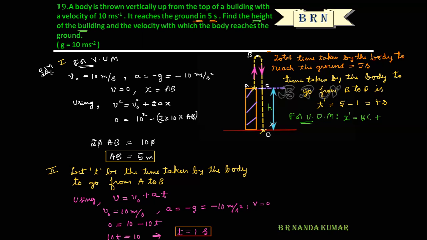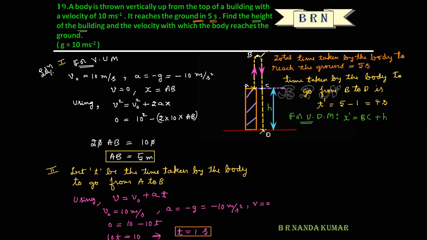Let H be the height of the building, so CD is H. BC is exactly equal to AB, and AB is 5 meter, so BC is also 5 meter.